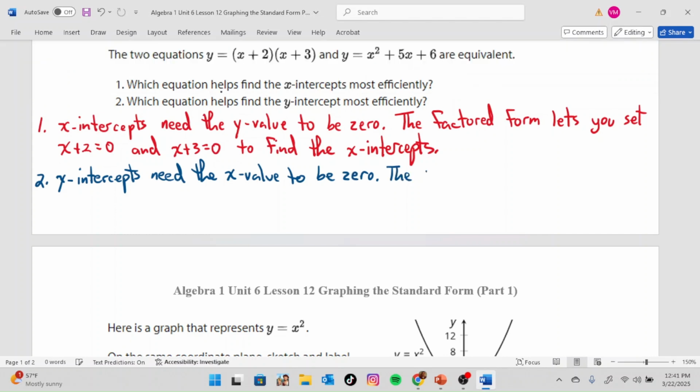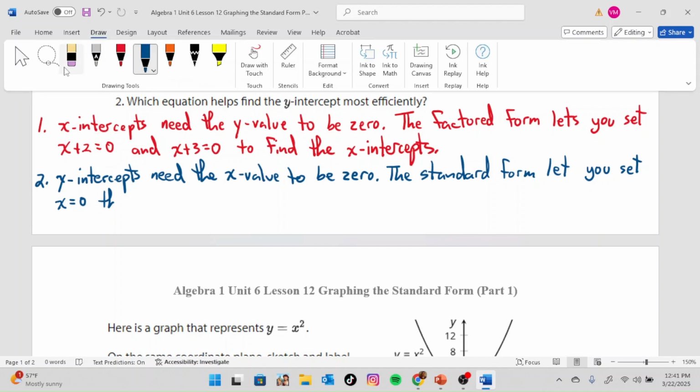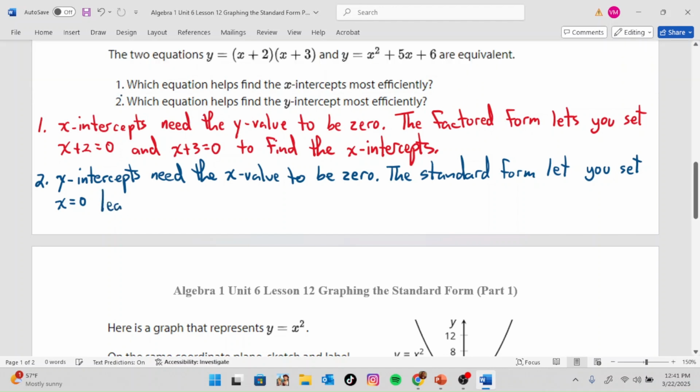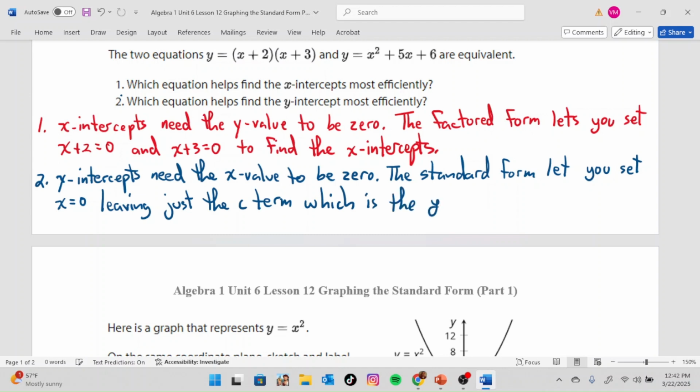The standard form lets you set x equal to 0, leaving just the c term, which is the y-intercept.